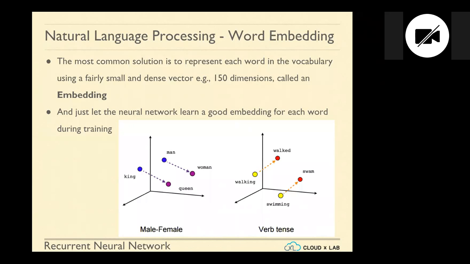These are called word embeddings. Word embedding is a common industry term. Whenever we say, hey, I'm doing NLP, the first question that comes is which word embedding are you using? We just let the neural network learn a good embedding for each word during training.